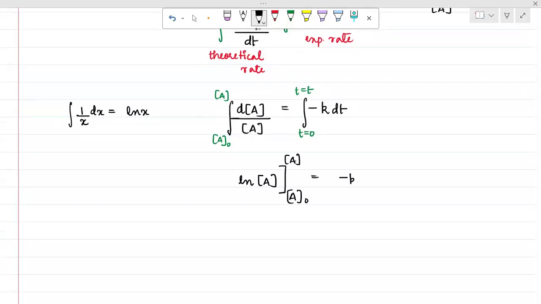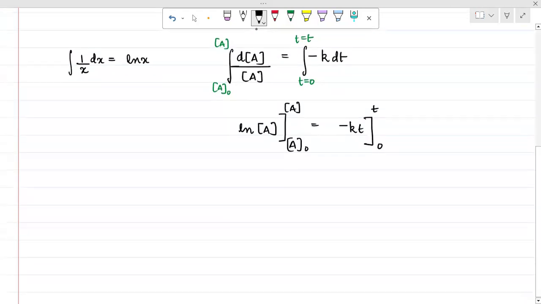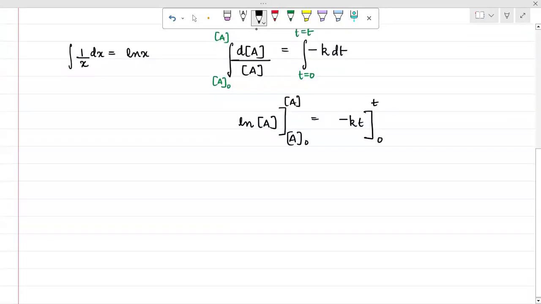It is minus kt from the limits 0 to t. Let's put the limits. How do you put the limits? Upper limit minus lower limit. Correct? So what do we get? Ln A minus ln A naught is equal to minus k into t minus 0. T minus 0 is t, so I'll write it as minus kt.